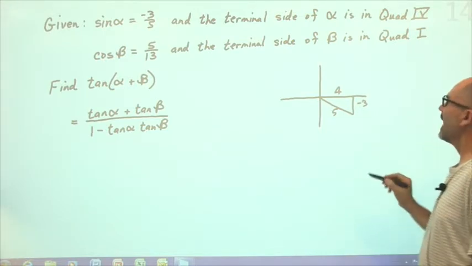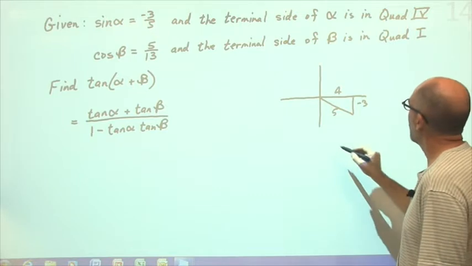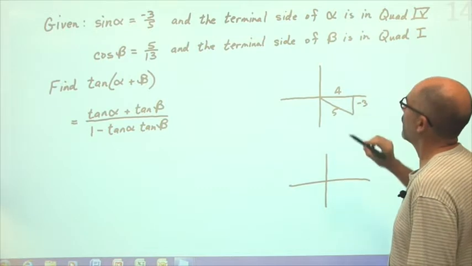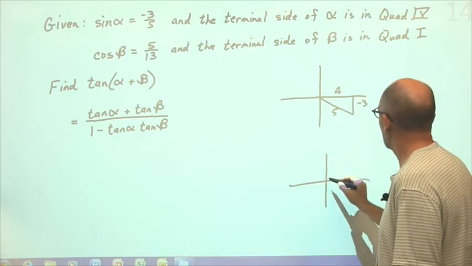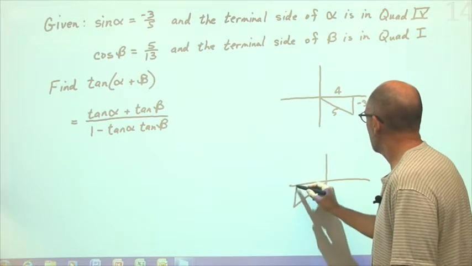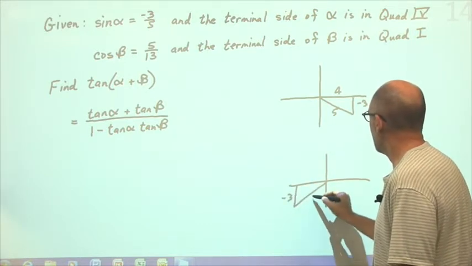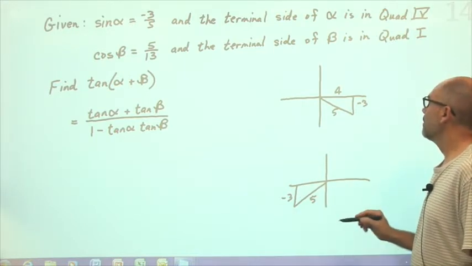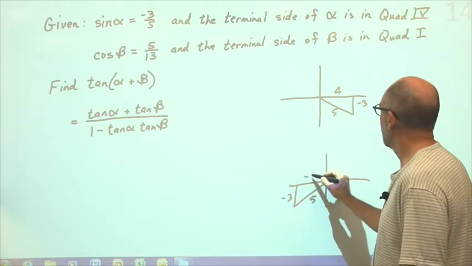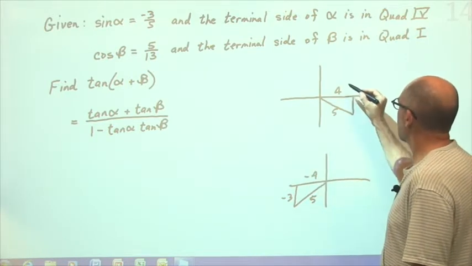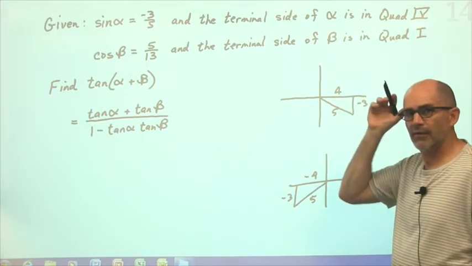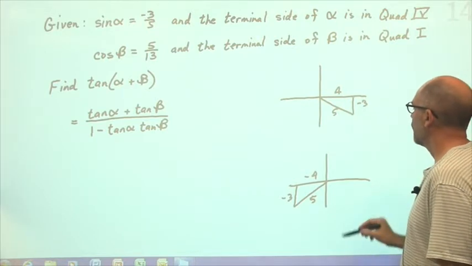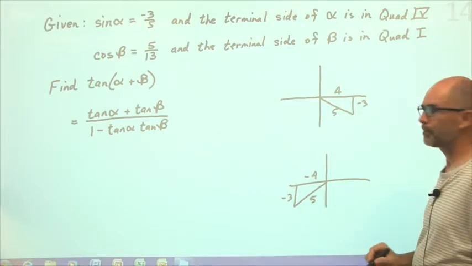Now notice they had to tell us this is in quadrant 4, because we could have the sine of alpha being negative also in quadrant 3. Notice if this was negative 3 and this was 5, sine of alpha is still negative 3/5. But the cosine would be negative 4/5, whereas cosine here is positive 4/5. Or actually more importantly, the tangent is negative 3/4, whereas tangent here would be positive 3/4.